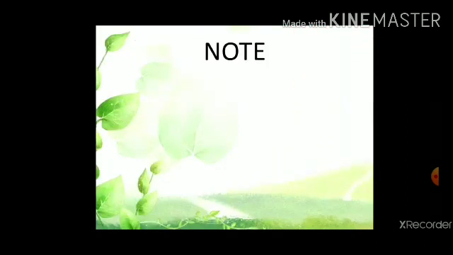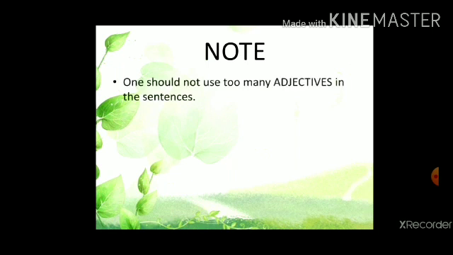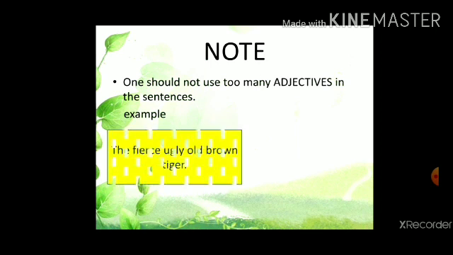So now there is a note which you have to keep in mind while using adjectives, that you should not use too many adjectives in the sentences. That will make a sentence absurd, or its meaning will not remain as important as when we use a single adjective to describe that particular noun.